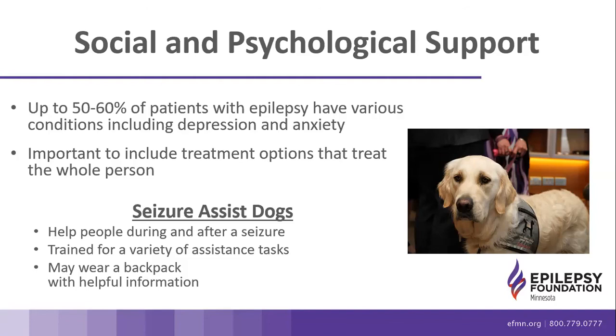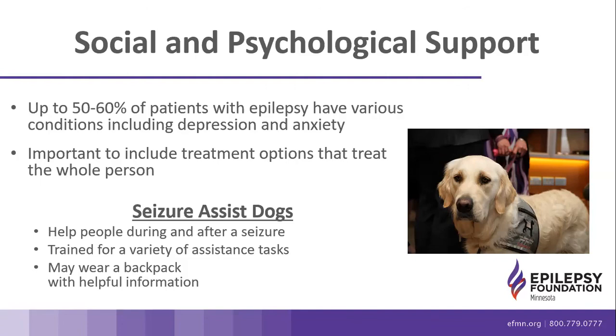And so we do a lot of work to help provide those resources for mental health supports and things like that. We do know that seizure assistance dogs are more and more being trained and being utilized by individuals with epilepsy. And so you might have a student at some point along your journey as a bus driver who has an assistance dog. That dog would have a vest that would specifically say that they are a working assistance dog, and they typically are trained to respond.